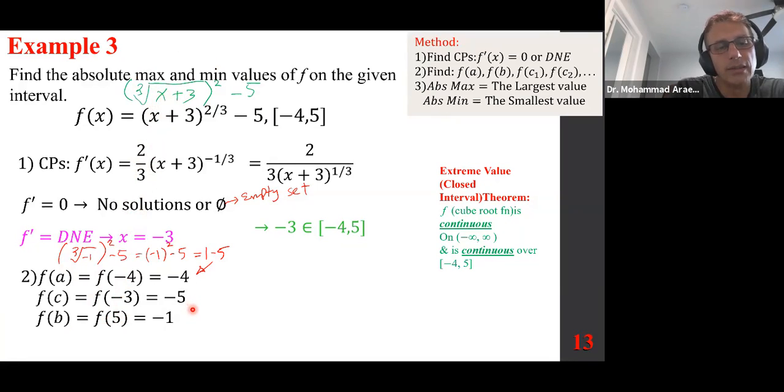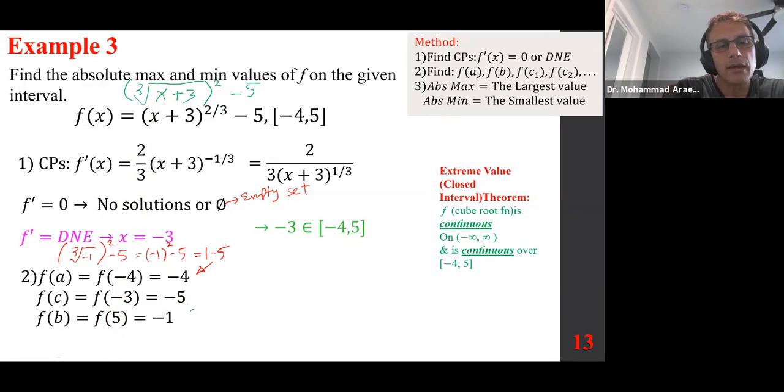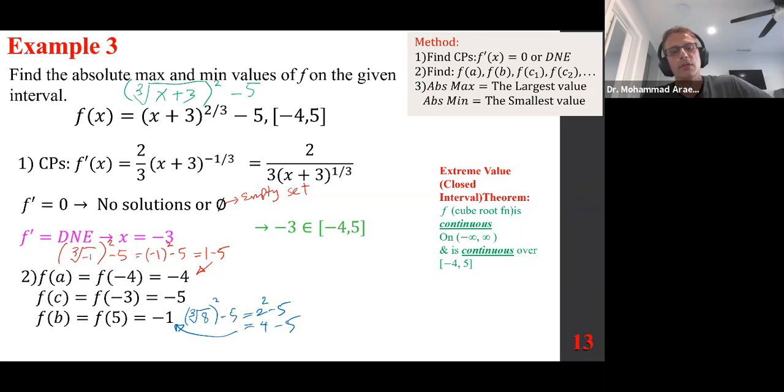So I'm going to get cube root of 8, quantity squared, minus 5, which is 2 squared minus 5, which is 4 minus 5 equals negative 1.